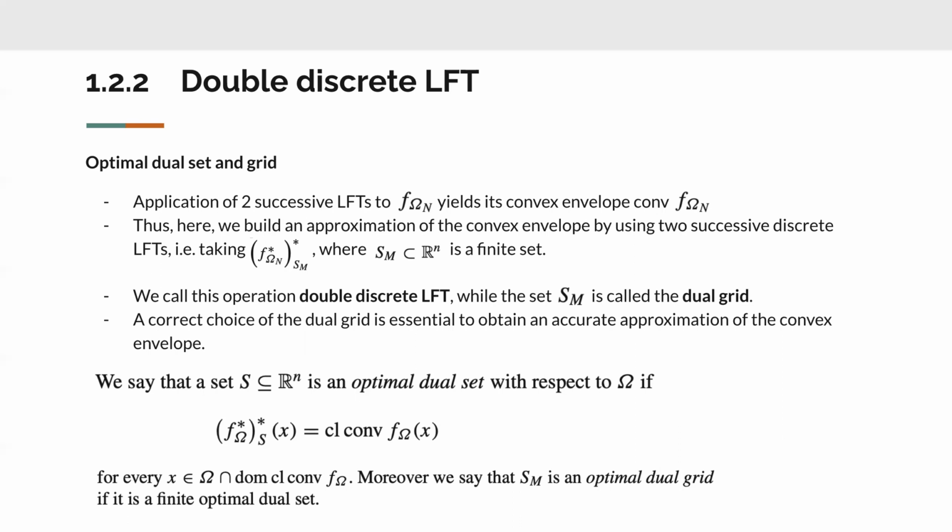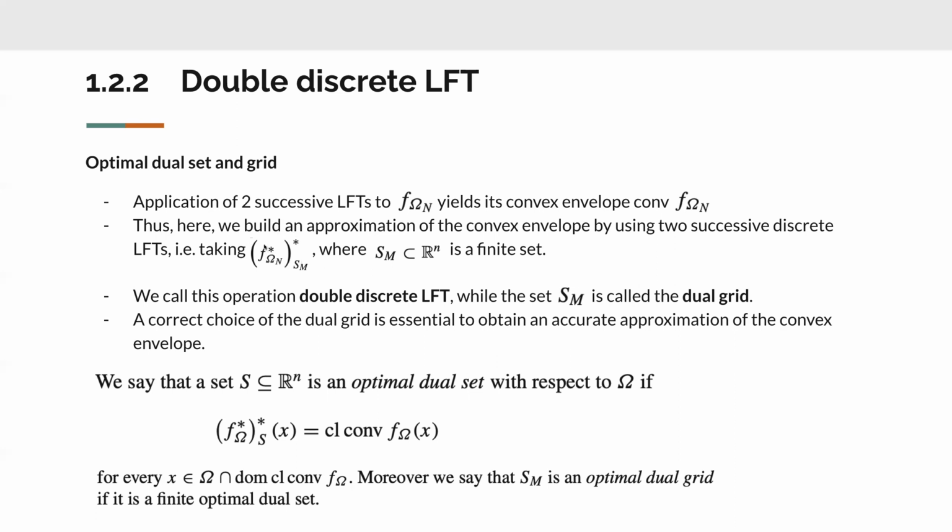We choose to approximate the convex envelope of the actual function using the function on set omega_n. As we have seen, the application of two successive LFTs to f on omega_n yields this convex envelope, conv f omega_n. So here we are trying to build an approximation of the convex envelope by using two successive discrete LFTs. This is what we do.